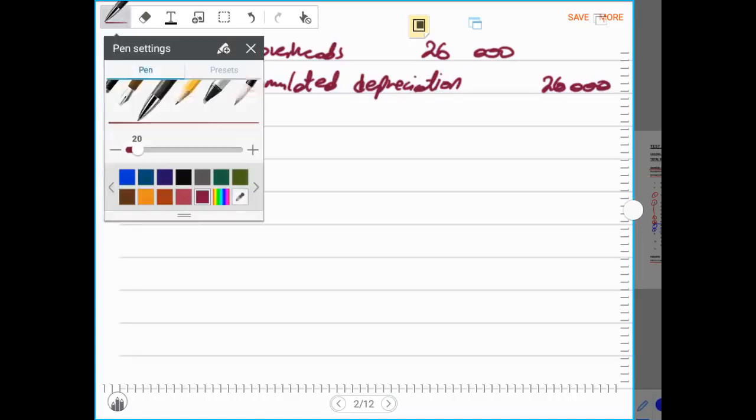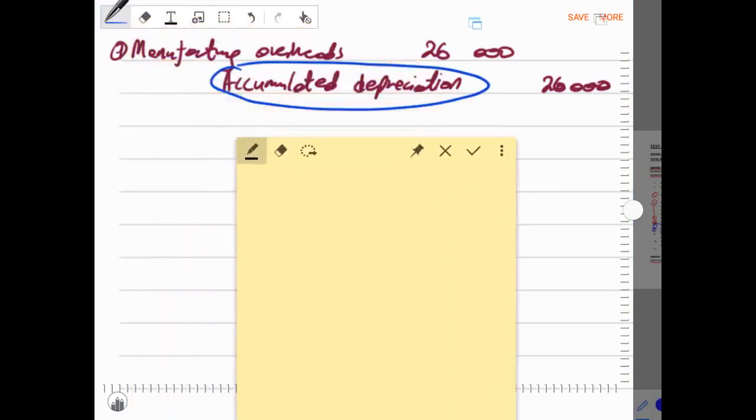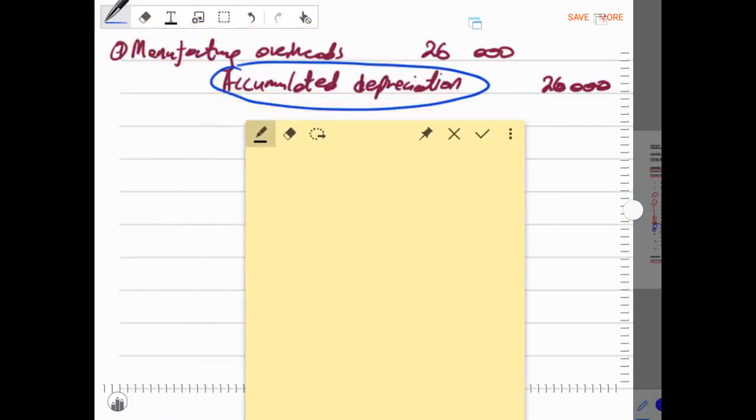So now let me further explain why we don't record depreciation, but we record accumulated depreciation. Initially, from an accounting perspective, when we record depreciation, we would have debited depreciation by 26,000 rands.